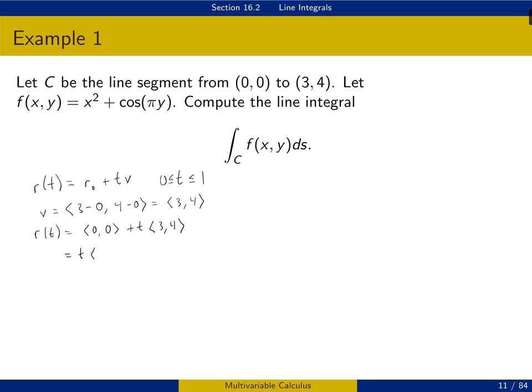And so our r(t) is equal to (0, 0) plus t times (3, 4), which is just (3t, 4t). Great. Now we have something that we can plug into f.